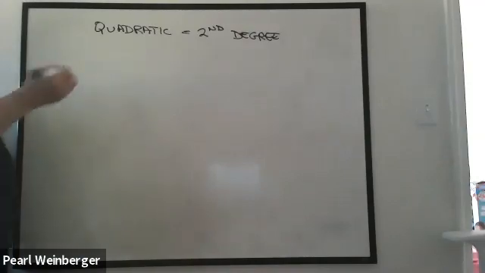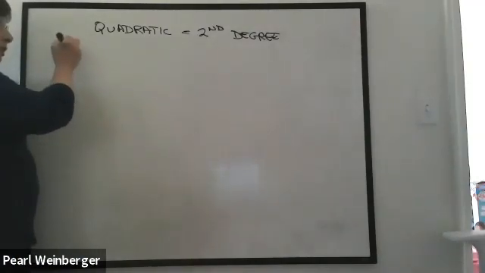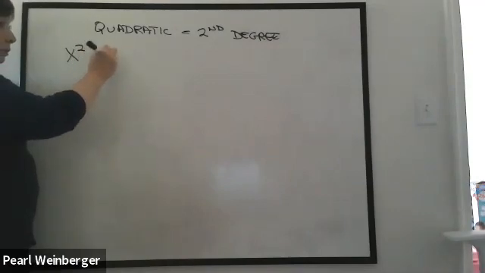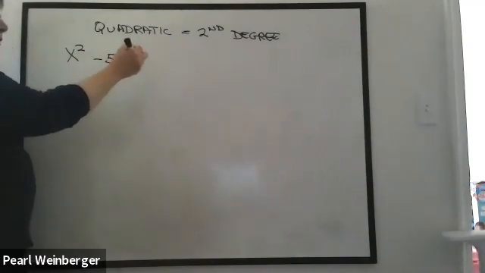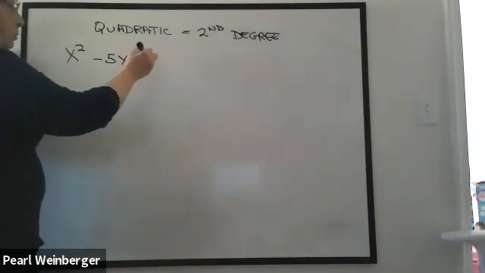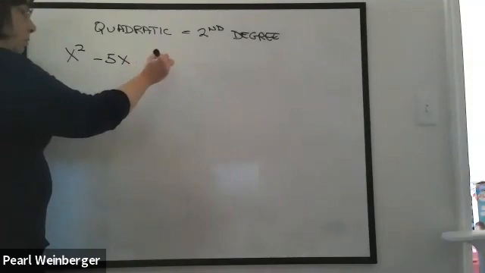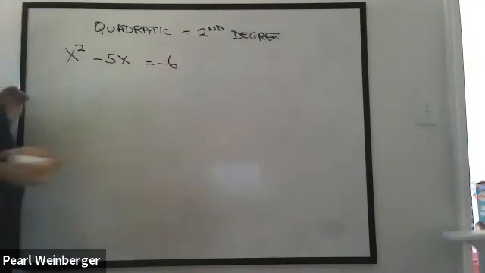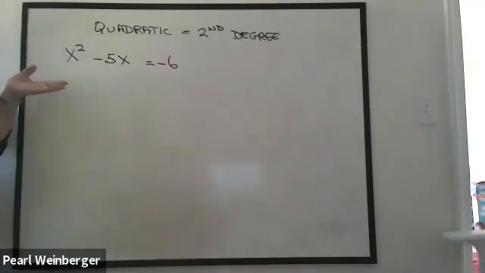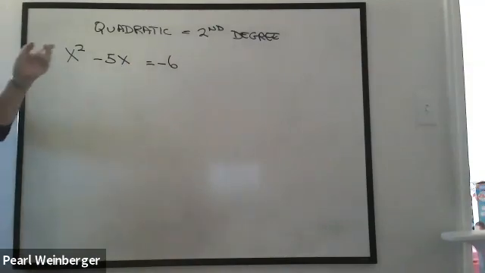factoring. In other words, if I gave you an equation that looks like this, you would right away say, oh, this is a quadratic equation. I can tell it's a quadratic equation because it has an x squared in it.